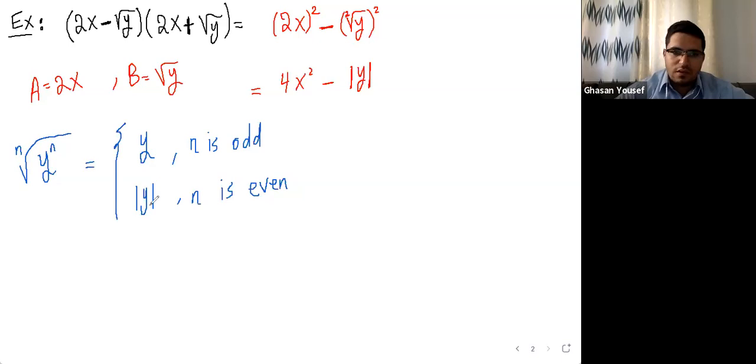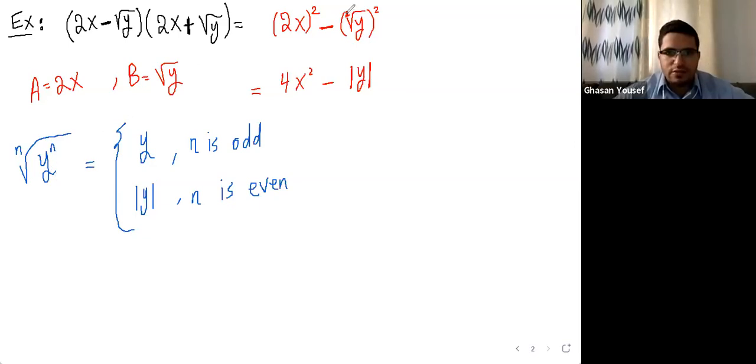The even numbers are 2, 4, 6, 8, 10, 12. If n is even, I take the absolute value of what is inside under the exponent. If n is odd, I take the y without the absolute value.